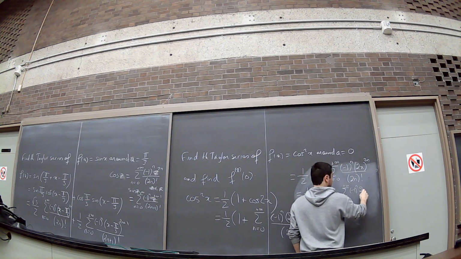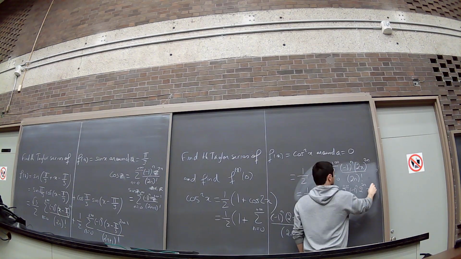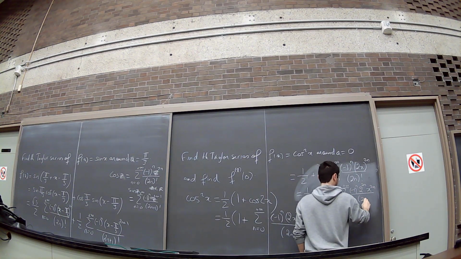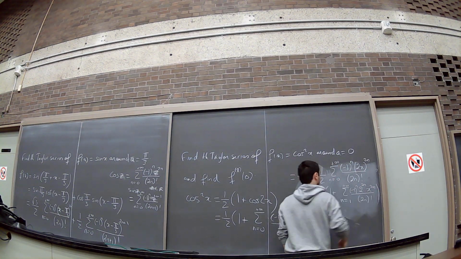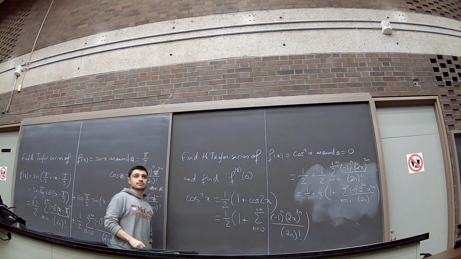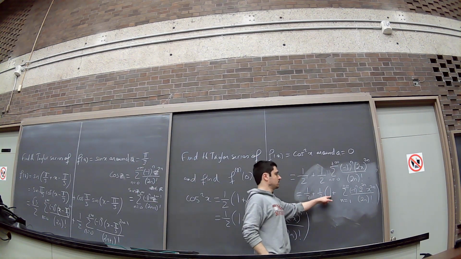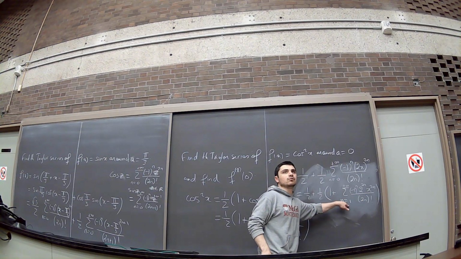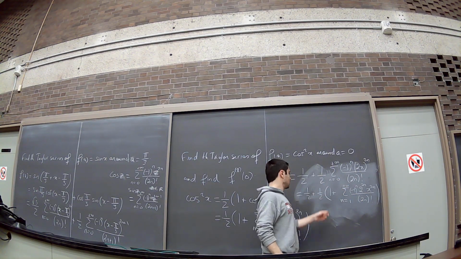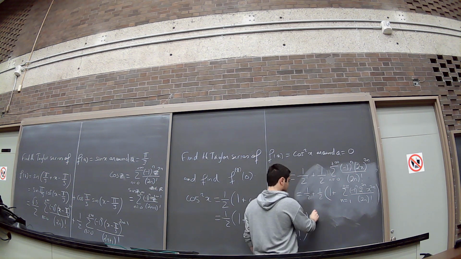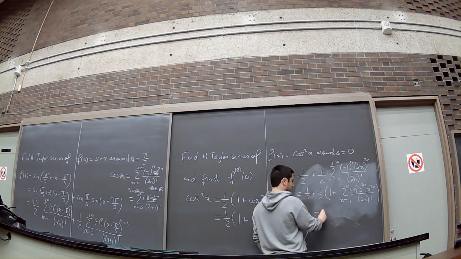Now let's expand that. Agree or not? This is the term for n equals 0. This is the term for n equal 1 to plus infinity. Now, what happens to the constant terms? 1/2 plus 1/2, which is 1, right?